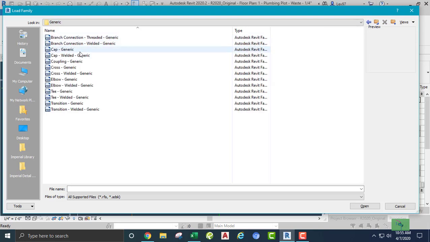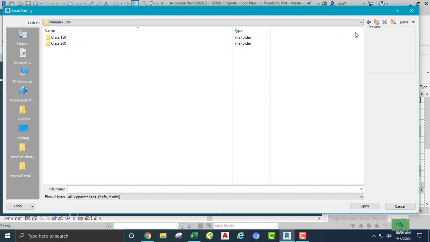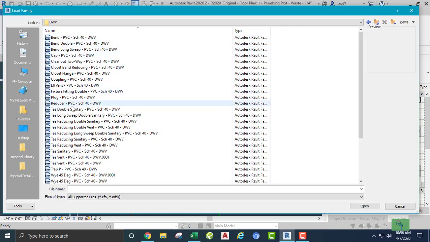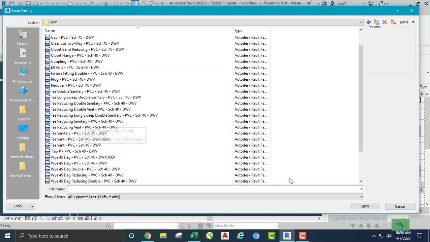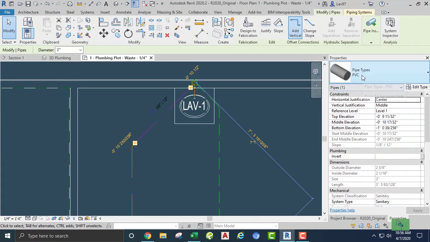All of these are generic, or gray iron that's flanged, or all of this is all flanged, except the plastic. And you have many of them that does the job.